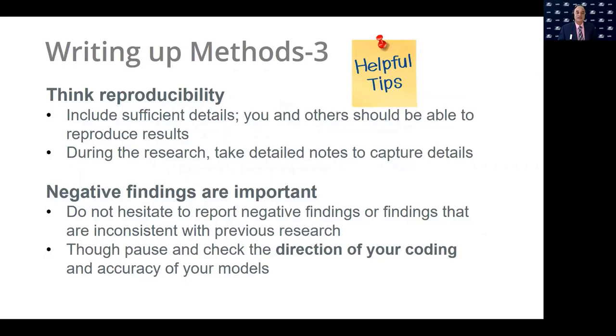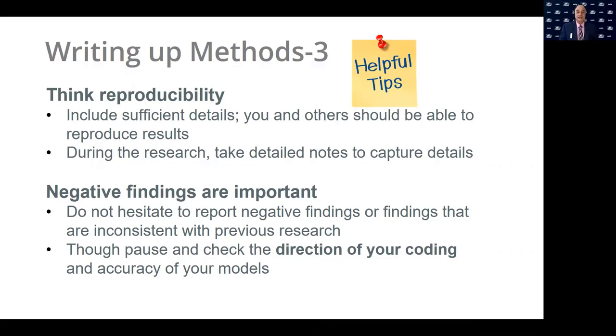Okay, so another quick set of tips is to think reproducibility. In other words, when you write your methods, provide enough detail that someone else, if they have the data, can reproduce your results.